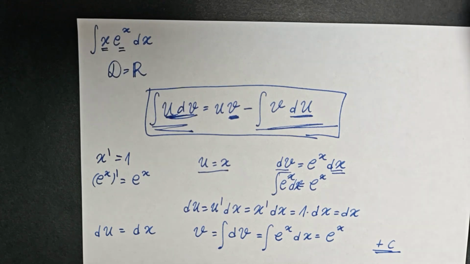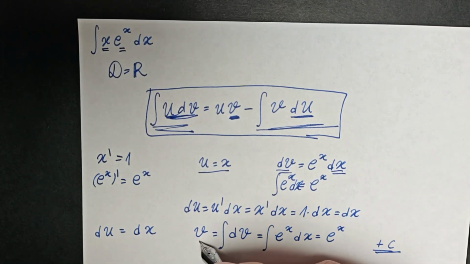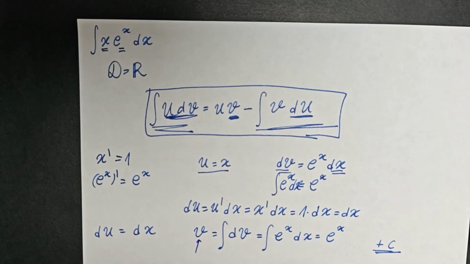We are not going to do that when using integration by parts formula for calculating this v over here. The reason for that is because that plus c in this position is never going to have any effect on the final solution that we get. If you don't trust me, write down that plus c and see what you will get for a final result.